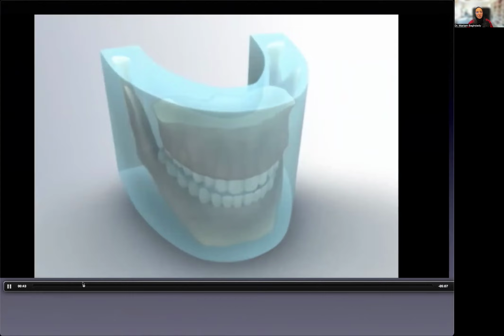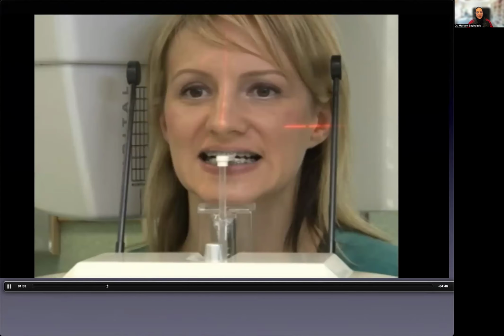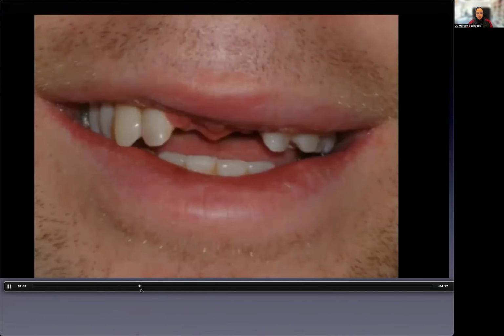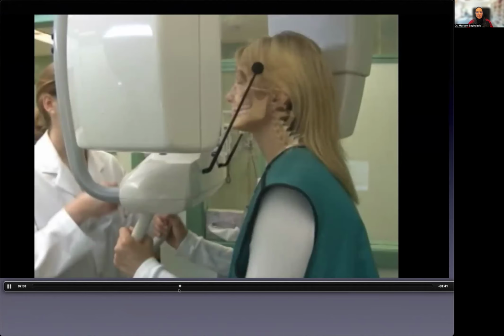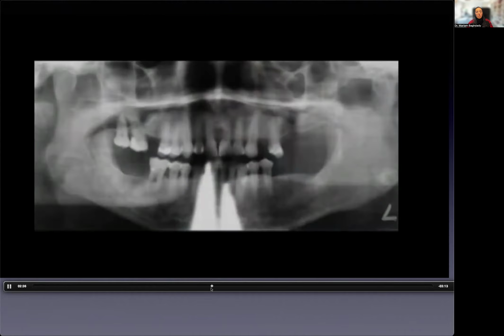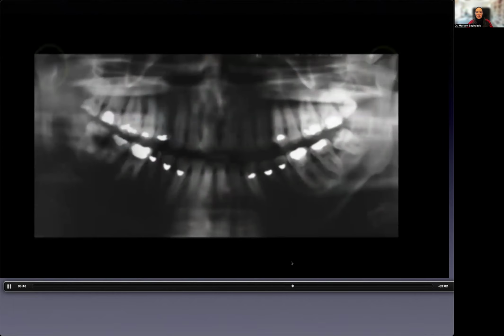And again, what we're going to be doing here is positioning the patient properly with the mid-sagittal plane in the right area so they're not too close or rotated to one side or the other. And we're going to have them stand as straight as possible so we can get rid of slumping. And then we're going to make sure that the patient's chin is not too far downwards and not too far upwards.